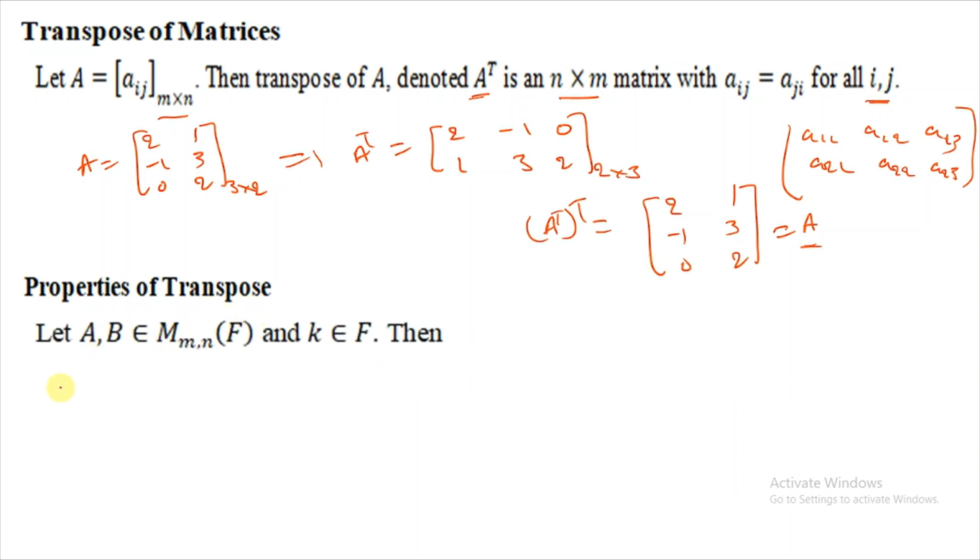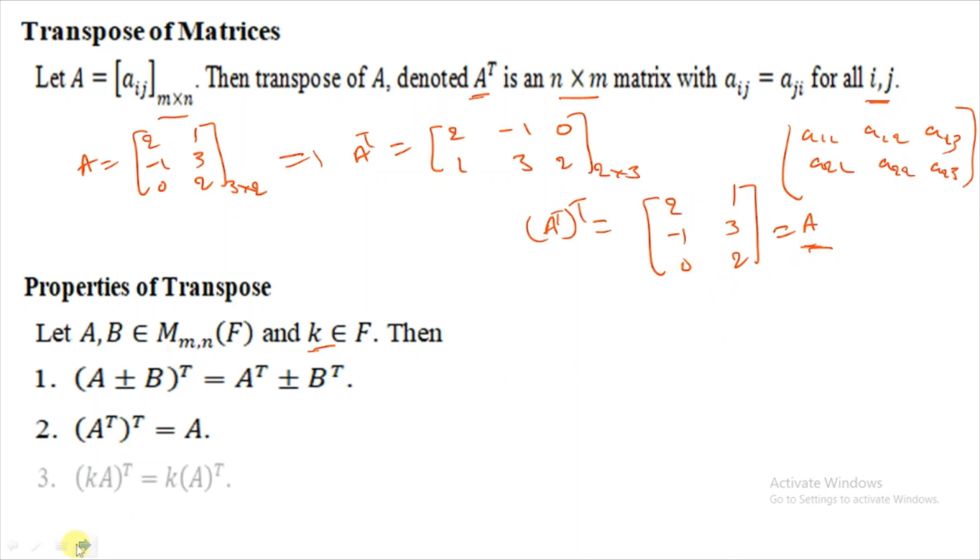Now the properties of transpose. Already you know, for any two matrices A and B and k any scalar, the transpose of A plus or minus B is the same as A transpose plus or minus B transpose. The transpose of A transpose is itself. Now, k into A transpose is the same as k into A transpose. It does not change.